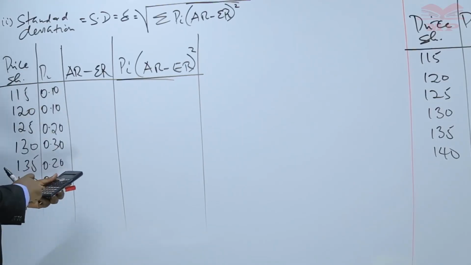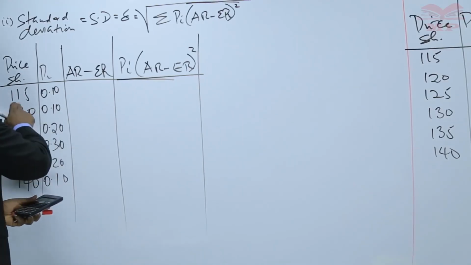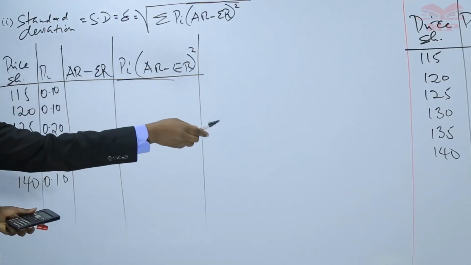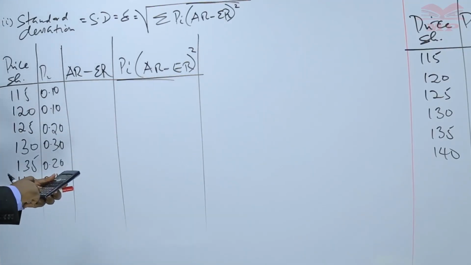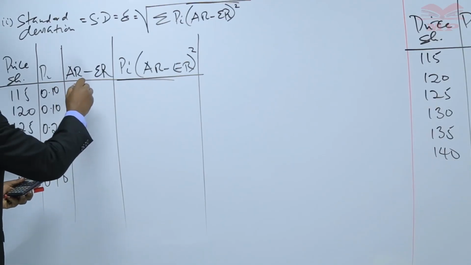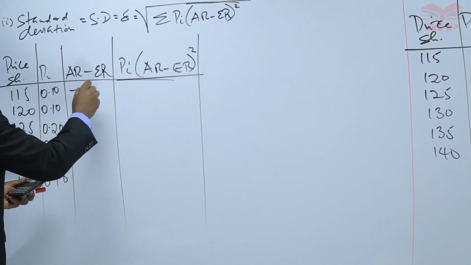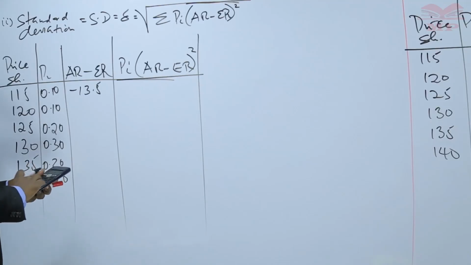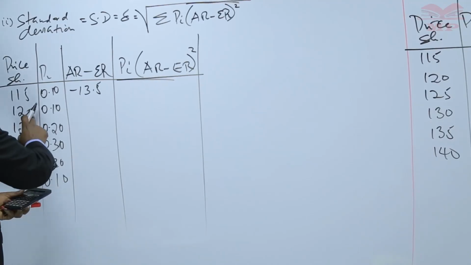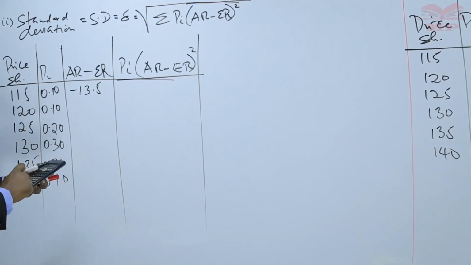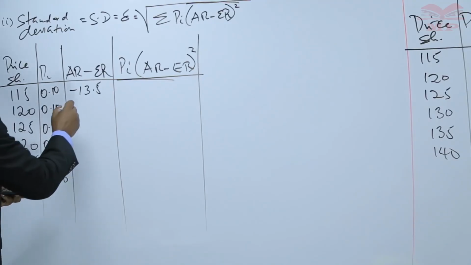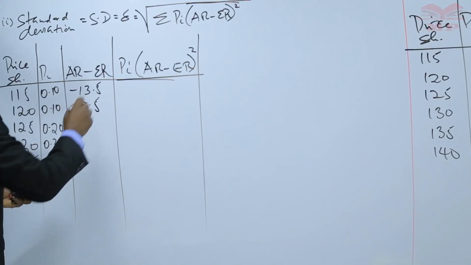So I can now go ahead and subtract. 115 minus the expected return of 128.5 is minus 13.5. Next is 120 minus 128.5, which is negative 8.5.